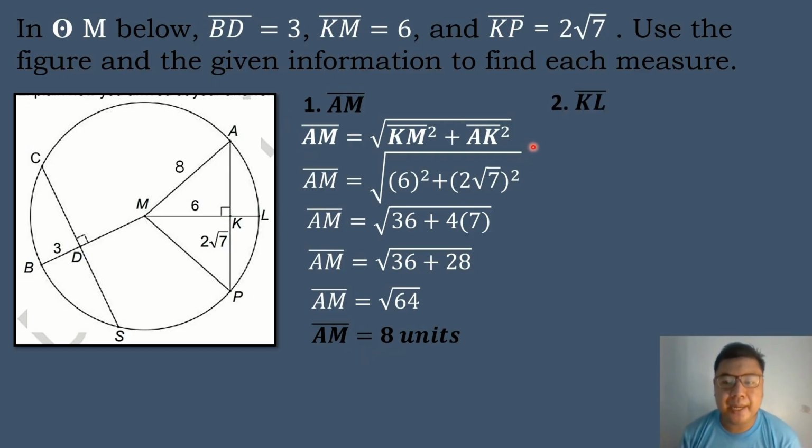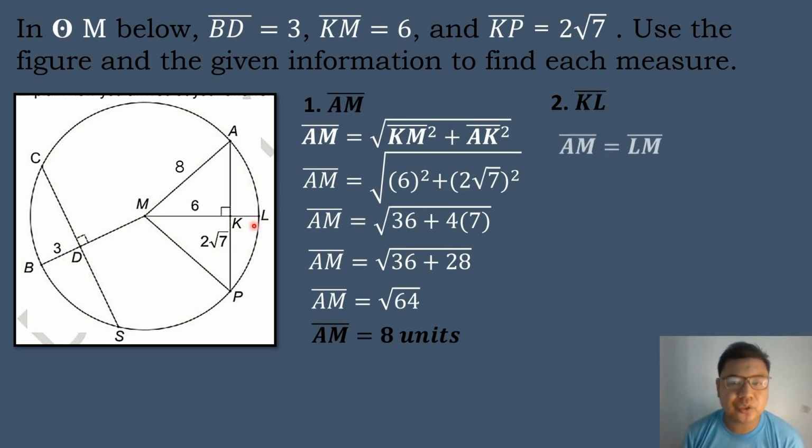Next, let's solve for the measure of segment KL. Since we know that the measure of segment AM, which is a radius, is equal to 8, we can find the measure of segment KL because segment LM is also a radius. If the radius is equal to 8, then if we add segment MK and segment KL, it must be equal to 8.